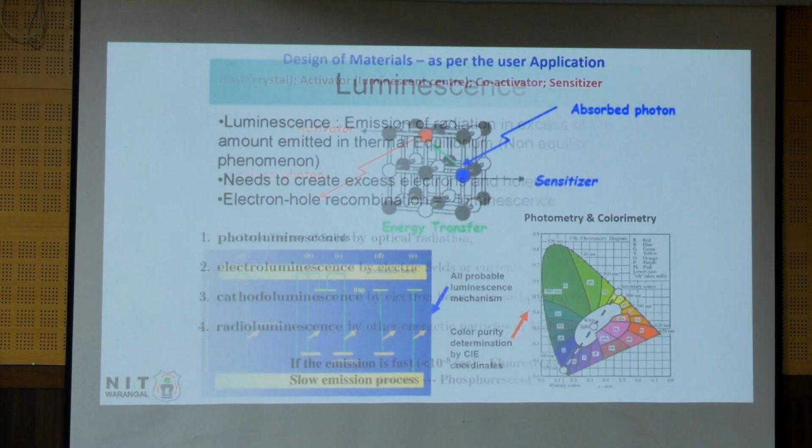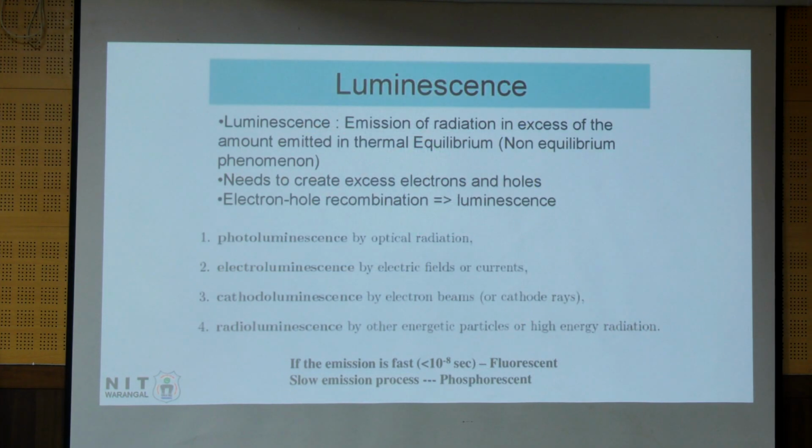So there are different types of emissions. If you are shining optical radiation and getting optical light output depending upon the excitation, like I am exciting with photons, then it is called photoluminescence. If I am giving an electric charge or electric field and getting light, that is called electroluminescence.